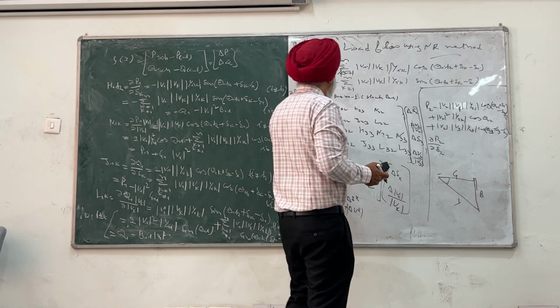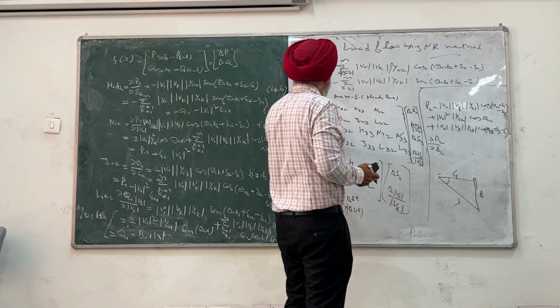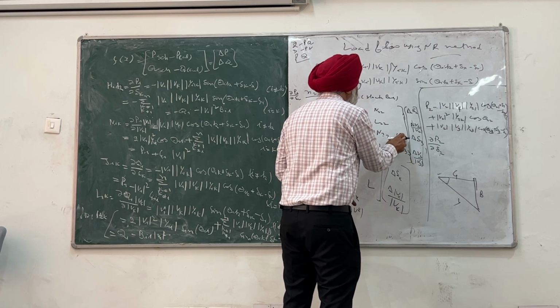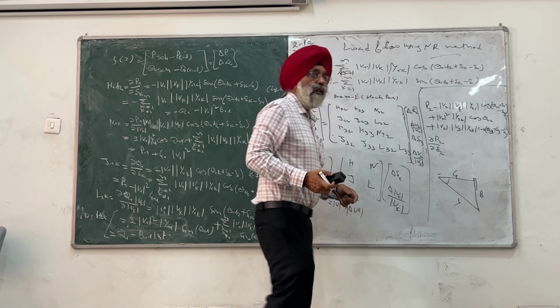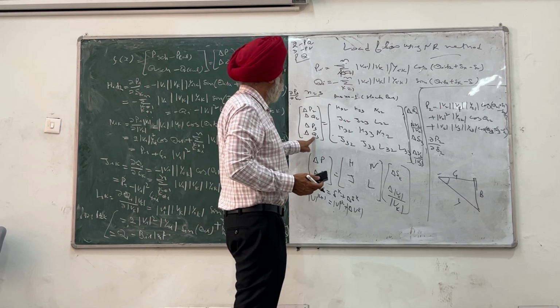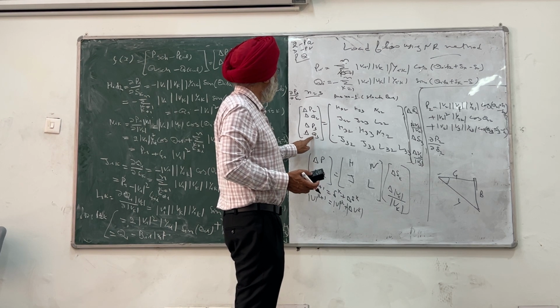Then P3 with respect to V2 होएगी. तो P3 with respect to V3 नहीं होएगी. ये वाली टर्म नहीं होएगी. ठीक है. इसी तरह Q3 with respect to delta 2, Q3.